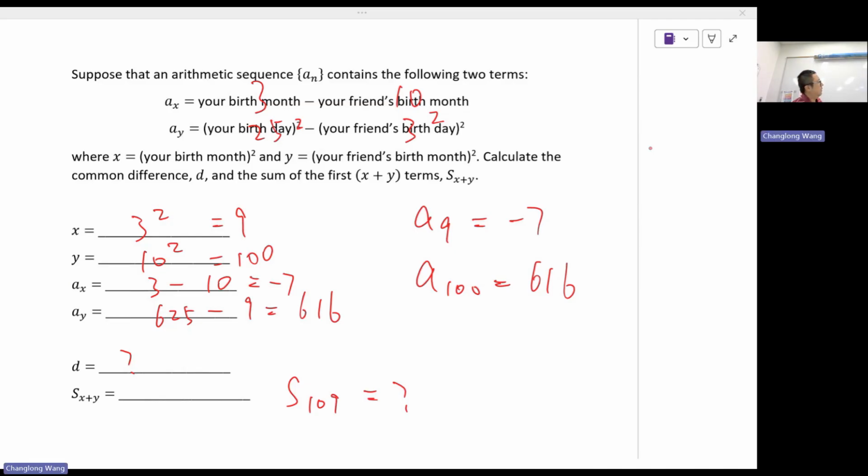But you need to find the first that many terms, right? What happened in the past is people were not starting from a sub 1. You need to always start from the first term, right? In this case, the first 109 terms should start from a sub 1 and end at a sub 109. And people might start from somewhere in the middle.